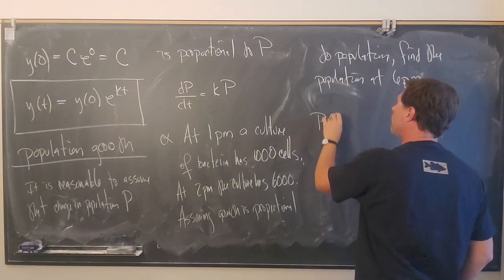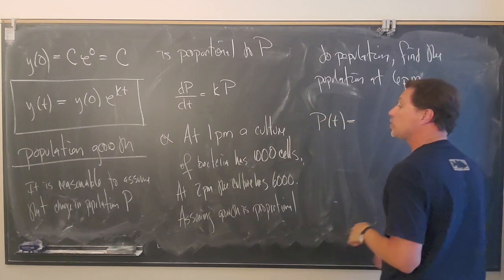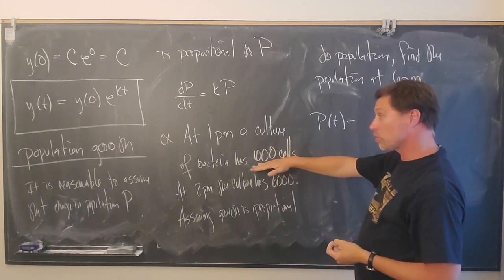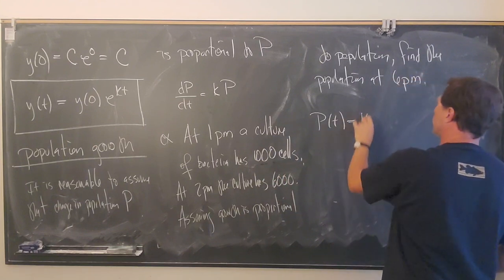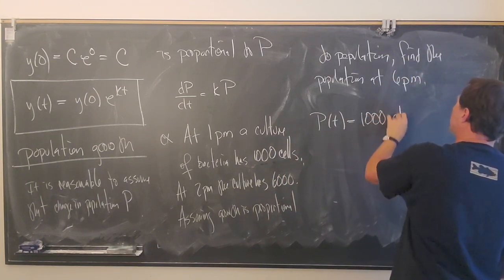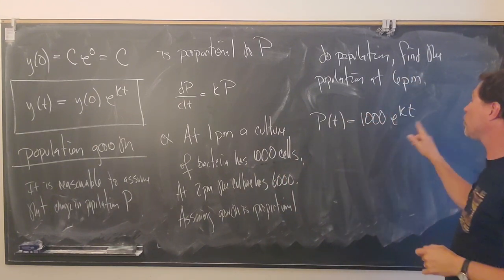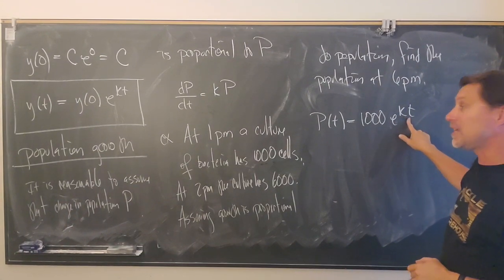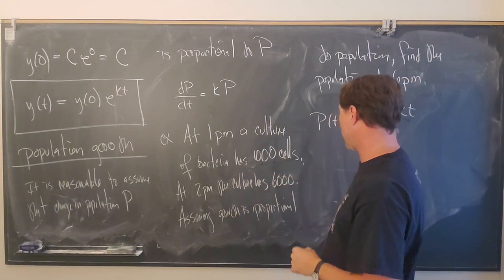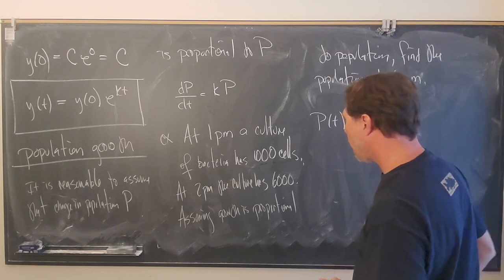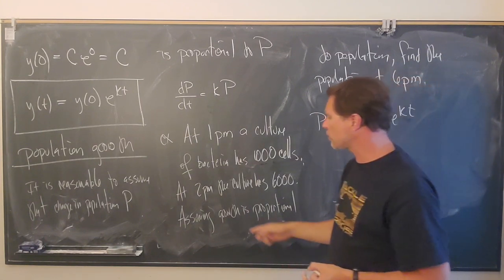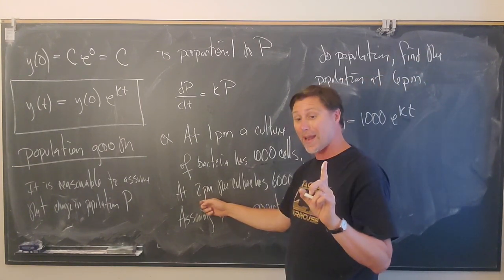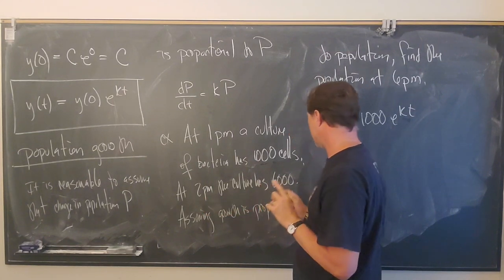So what we have is that P of t is equal to P of 0, our initial population, times e to the kt. Now our first job is to figure out what the k is corresponding to this population. We have this extra piece of information: at 2 p.m., 1 hour later, we've got 6,000.